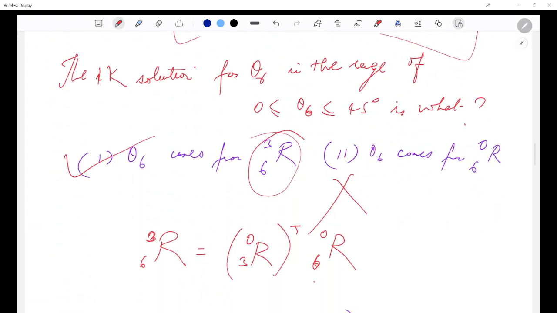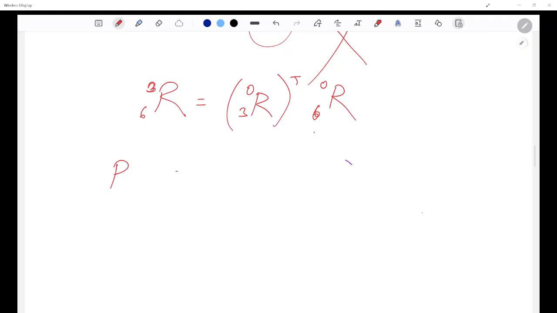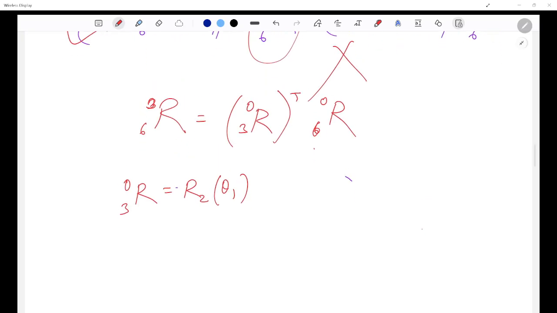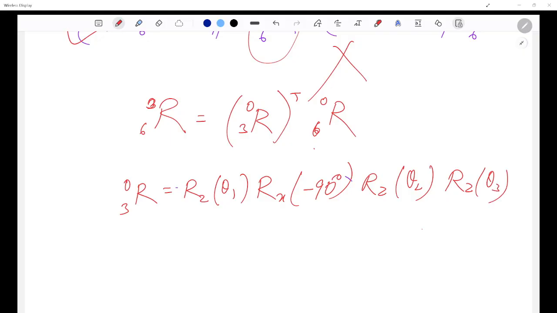Okay, and when we take it, we'll get, so we know that the third link with respect to the base frame is basically rotation about the z axis with an angle of theta 1, and then x axis with minus 90 degrees, and z with respect to theta 2, and z with respect to theta 3. Okay, so this is how we reach the third link.